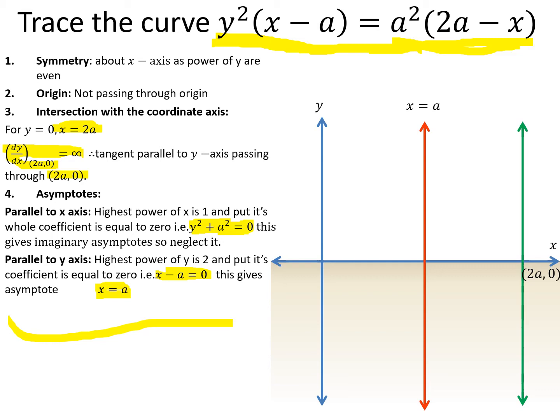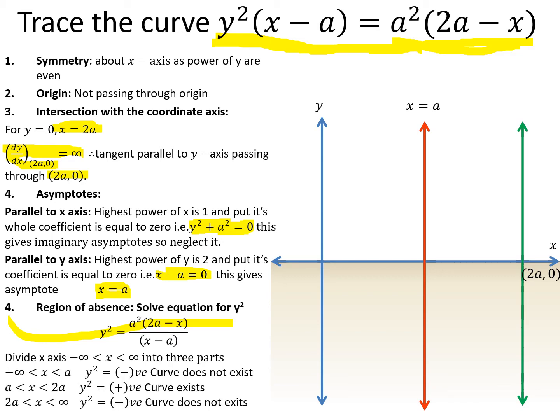Now the last rule, that is region of absence. For region of absence, you have to solve your equation either for x square or for y square. Here x has power 1, so obviously this equation is not solvable for x. So we will solve it for y square, or rewrite our equation as y square is equal to (2a minus x) upon (x minus a).